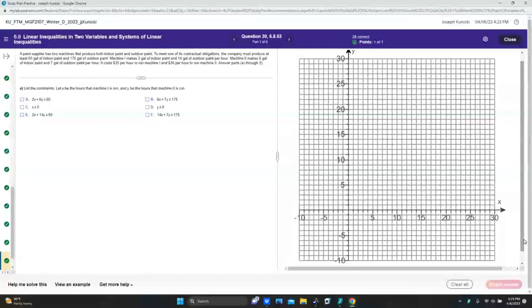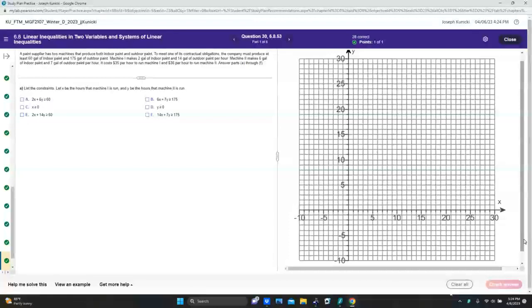Now, machine 1 makes 2 gallons of indoor and 14 gallons of outdoor per hour. Whereas machine number 2 makes 6 gallons of indoor and 7 gallons of outdoor per hour.